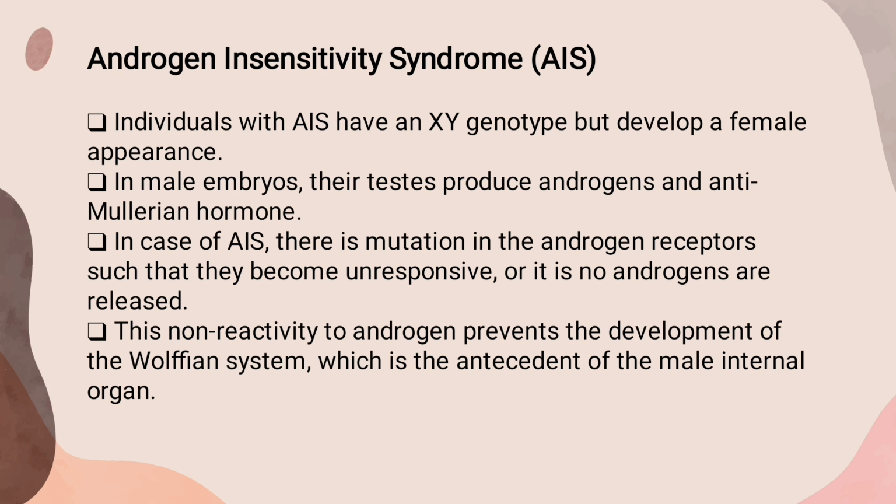This non-reactivity to androgen prevents the development of the Wolffian system, which is the antecedent of the male internal organs. These are paired embryonic structures that serve as progenitors of male internal genitalia and are involved in the early development of both sexes.